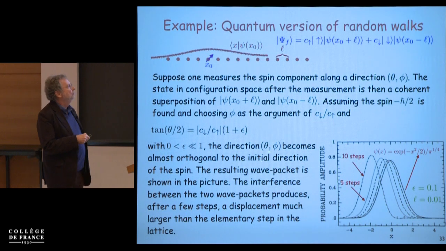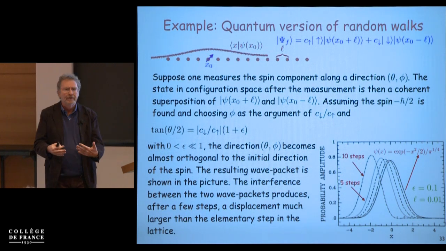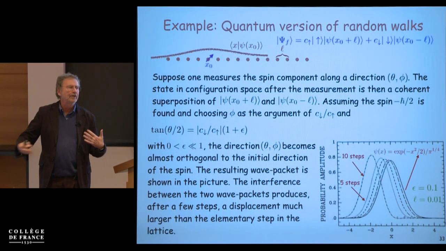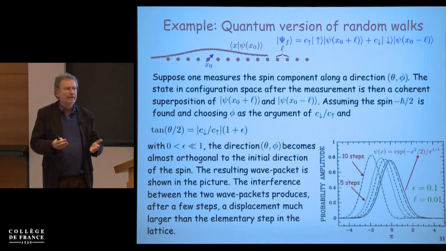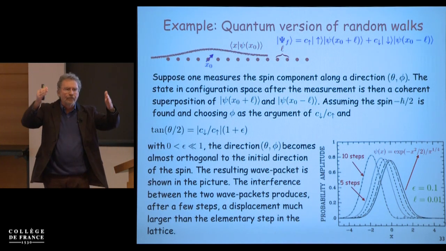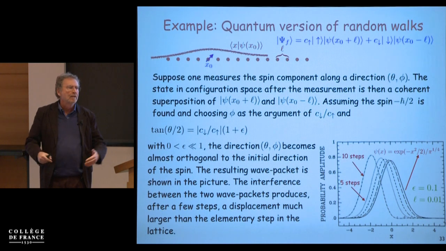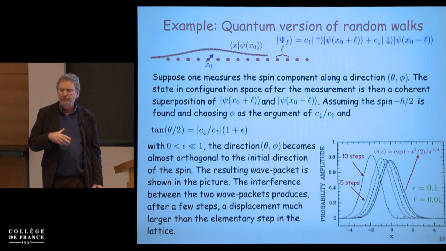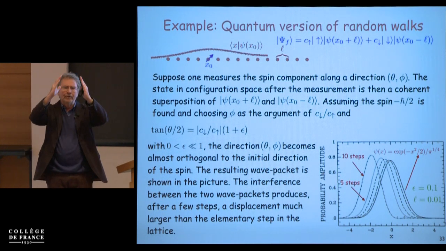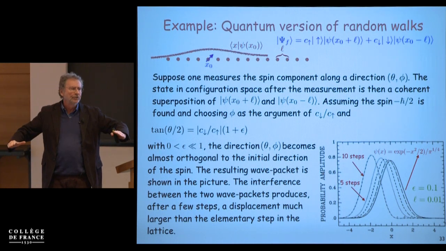In fact, if you don't do these intermediate measurements and just wait for the system to evolve, it has been shown after this paper that the distribution of the quantum walk is quite different from the distribution of the classical random walk. The classical random walk gives you a Gaussian centered around the origin.